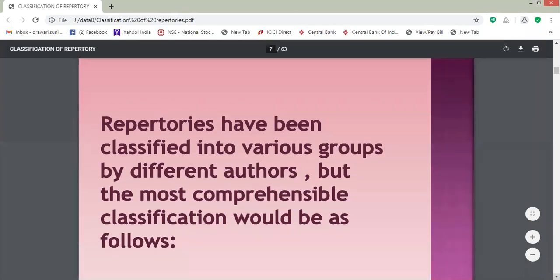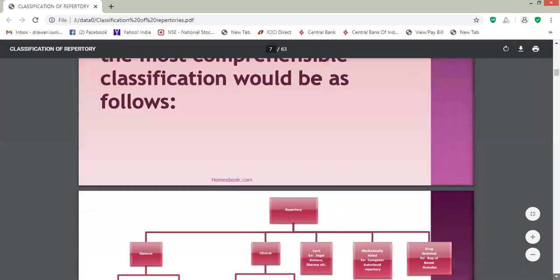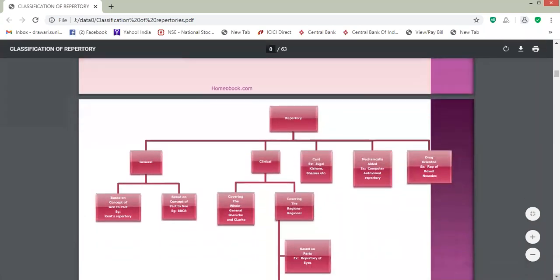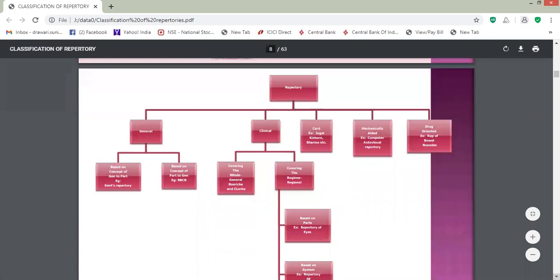Repertories have been classified into various groups by different authors, but the most comprehensible classification would be as follows. We have just seen one type of classification, but according to different homeopaths the classification of repertories is also different. So the most comprehensible classification is this, which we studied just now.